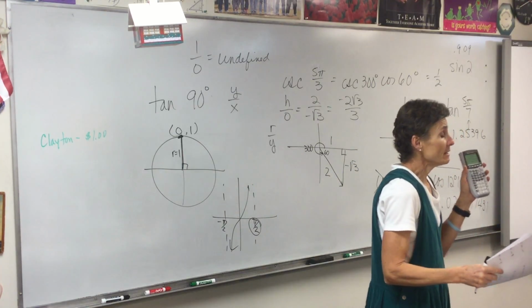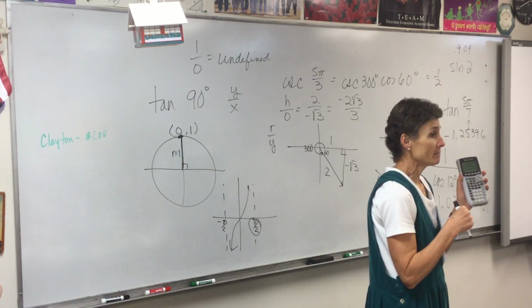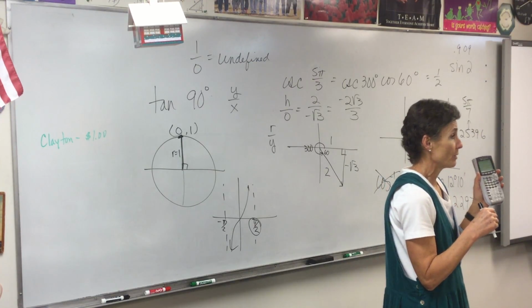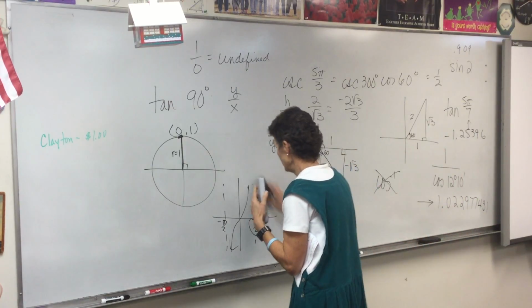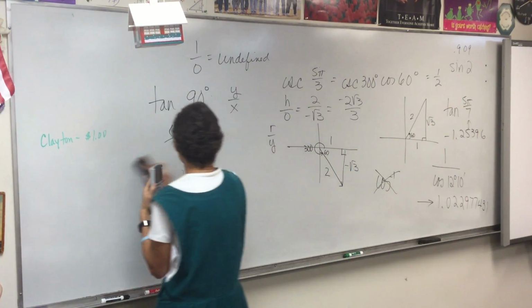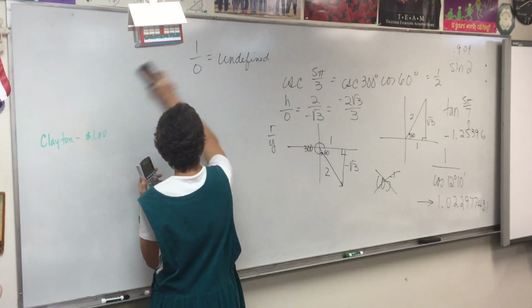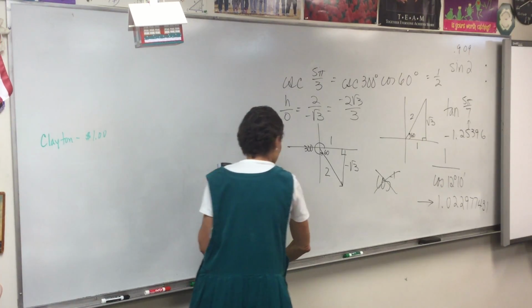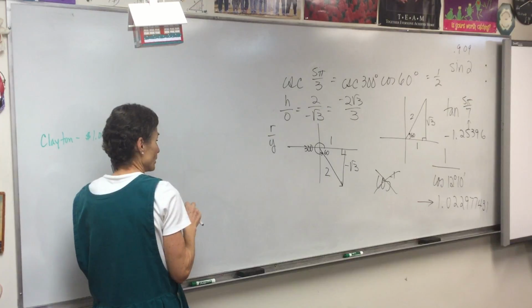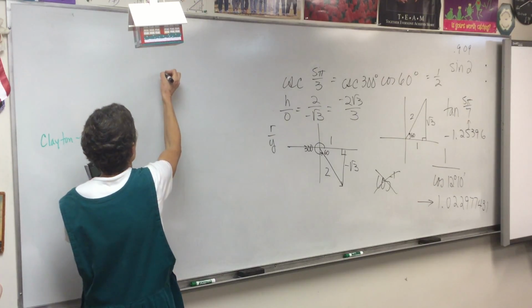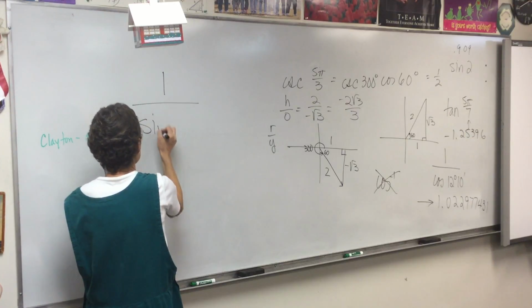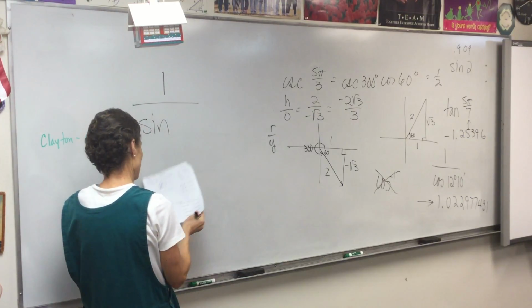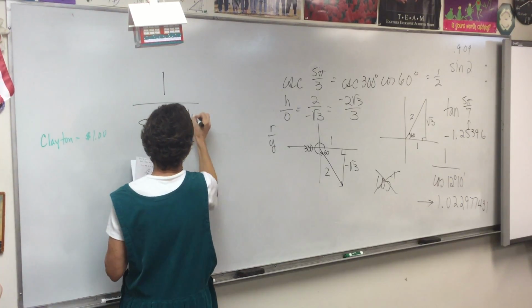Now E is also a radian. Would you agree with that? But it's a cosecant. Okay, now wait, I do not have a cosecant button. What do I know about cosecant? It's reciprocal, that means 1 over, so it's 1 over sine 11 pi over 13.